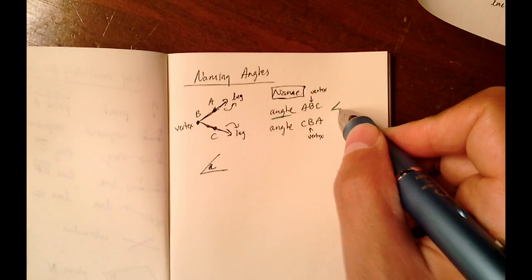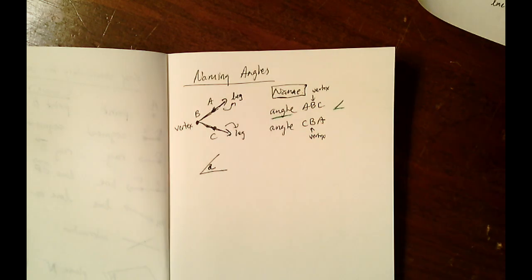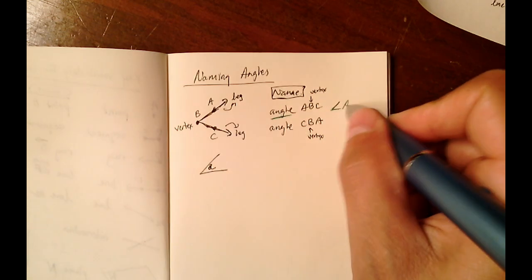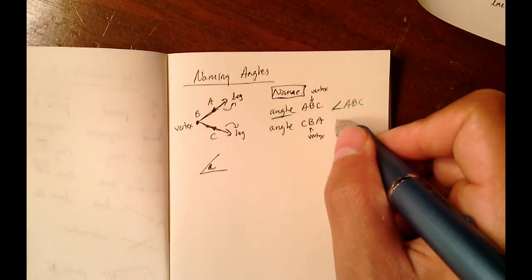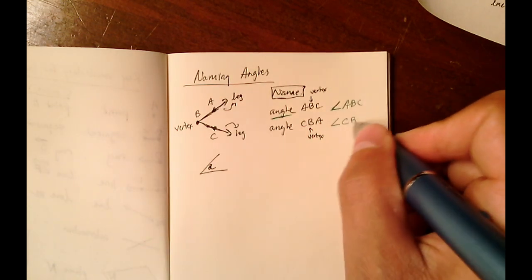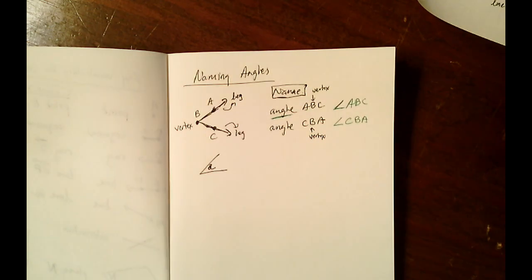It kind of looks like a sideways L or a sideways A, but it's called angle, and you would still name it ABC, and this is still called angle CBA. Just know that that's how we name them. Moving forward, that's how I'll probably name most of our angles.